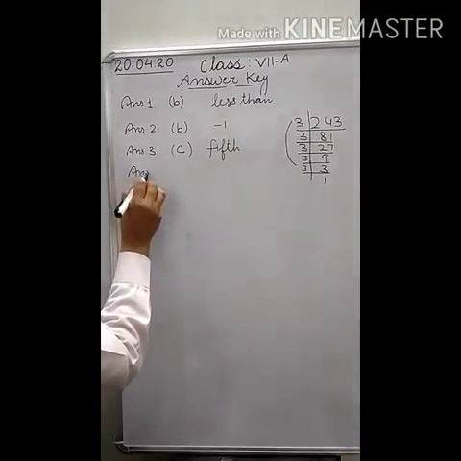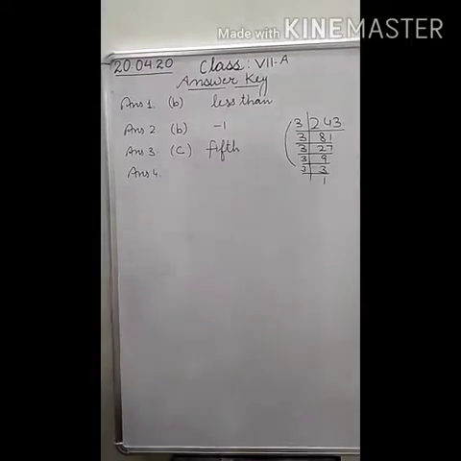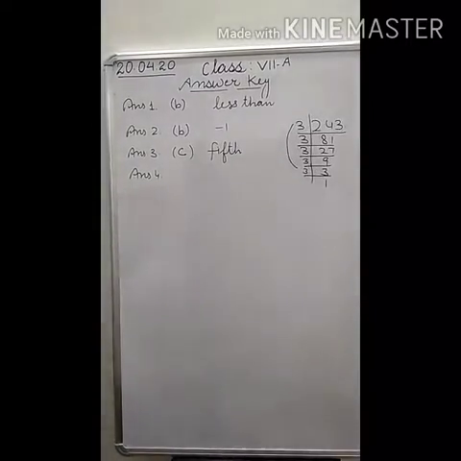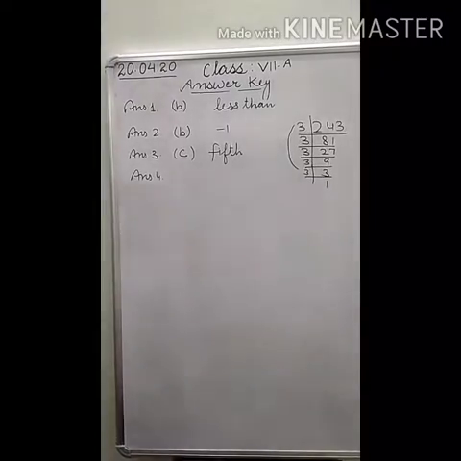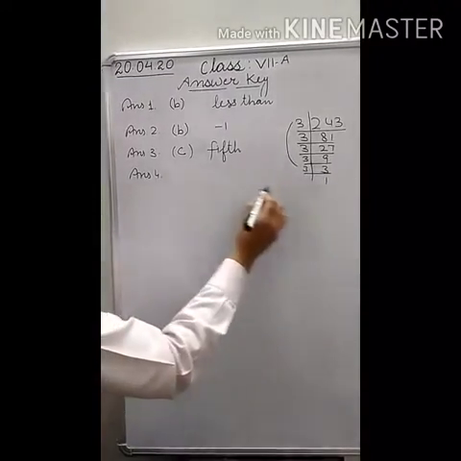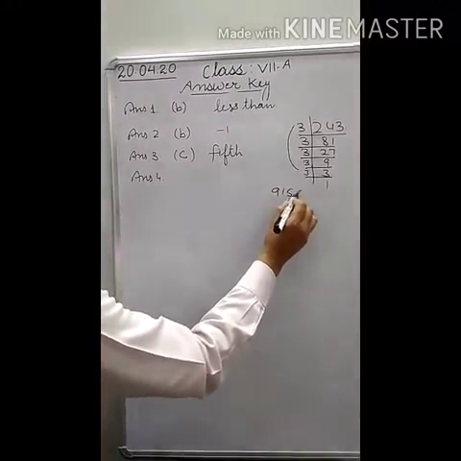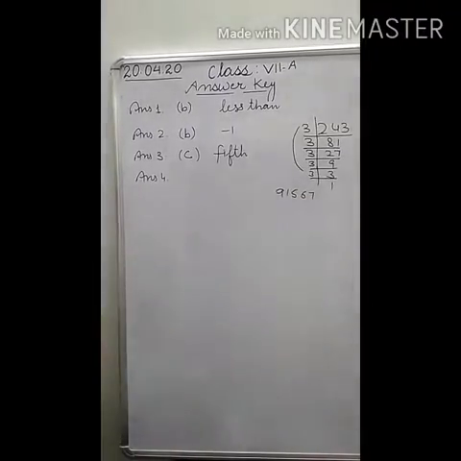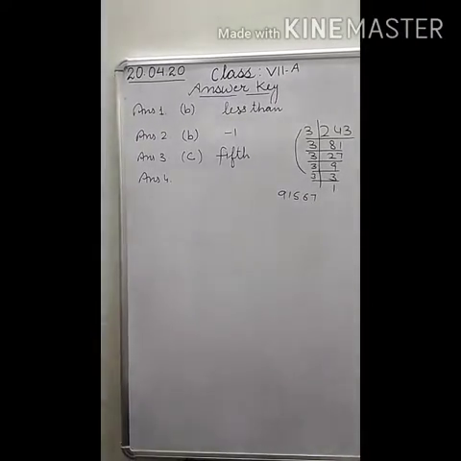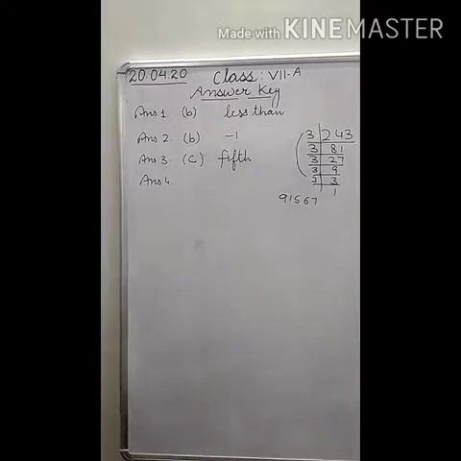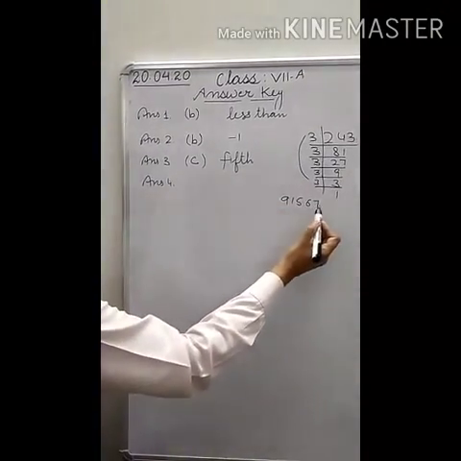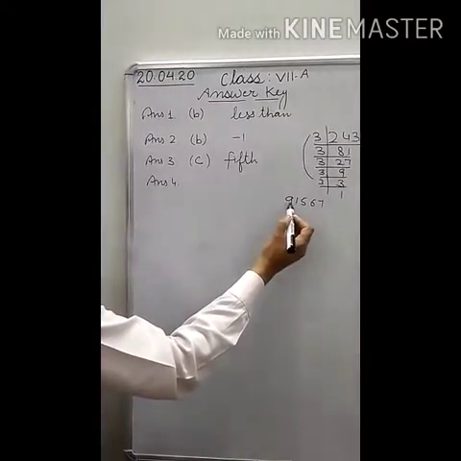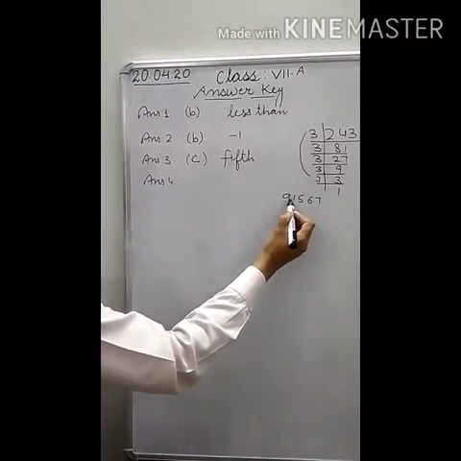Now come to answer number 4. Students, in this question you have to make the standard form of 91,567. This number you have, you have to write its standard form. You know it very well that in standard form the decimal always lies after the first digit.